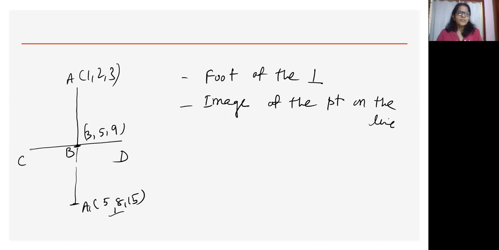If it is finding the length of the perpendicular, you can use the distance formula and get the distance between A and B. So that's it. I just wanted to share.